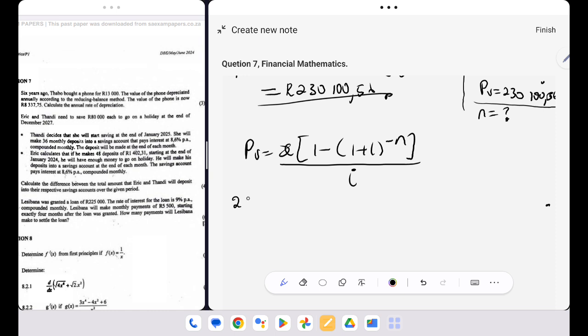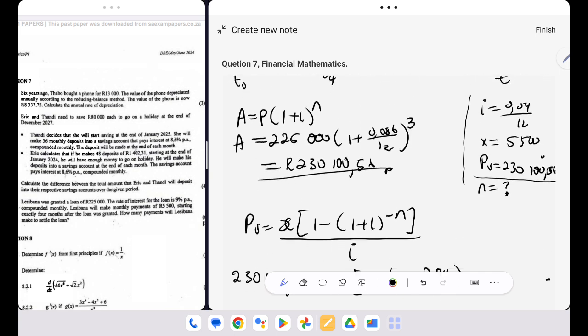Here I'll have 230,100. 1 minus 1 plus 0.09 over 12.